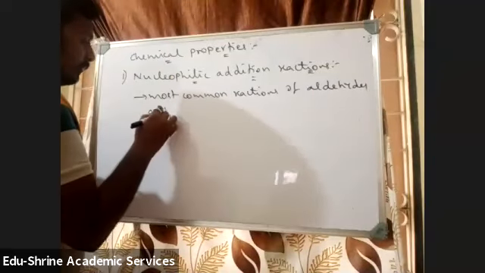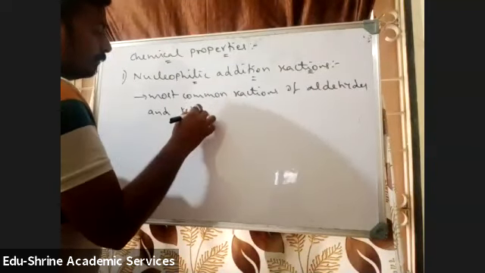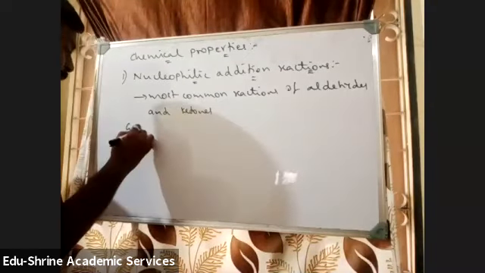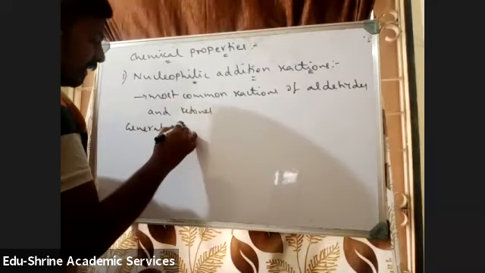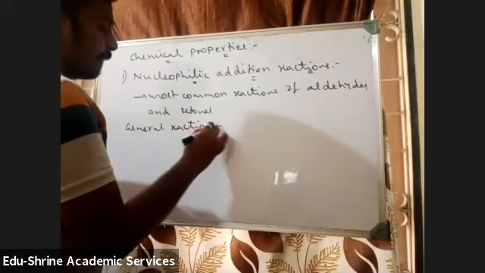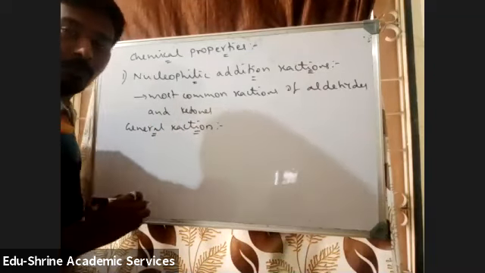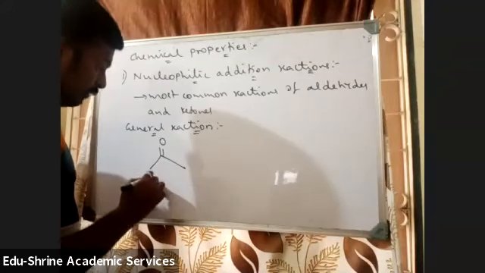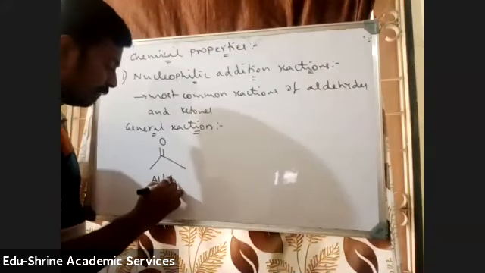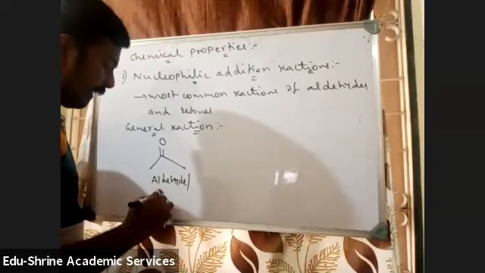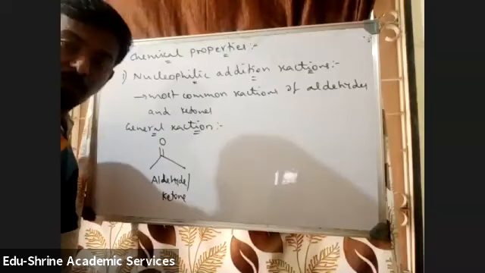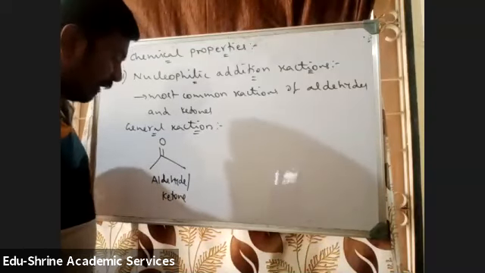If you see the general reaction of nucleophilic addition, I'll give the general reaction, then I'll give the mechanism. For example, this is a carbonyl compound, students. Either it may be an aldehyde or it may be a ketone. So this is a carbonyl group.